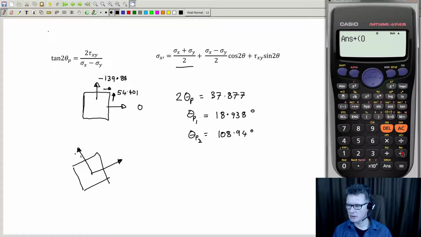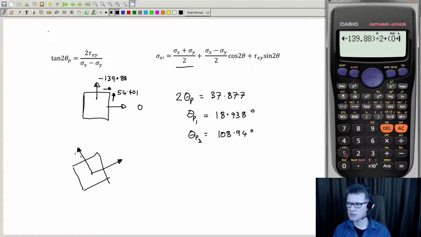Actually, I can't remember if that was a negative or not. Start again, let's do it properly. So we've got 0 take away 139.88, divided by 2, plus, open a bracket, 0.